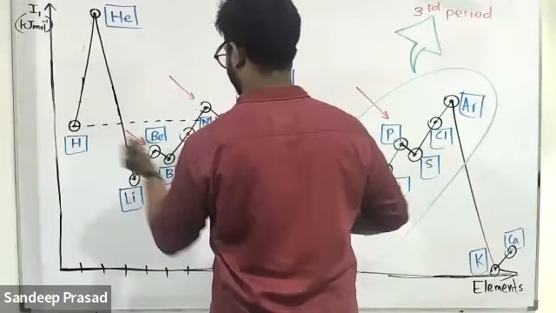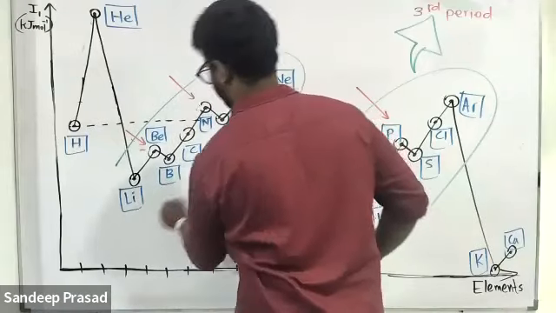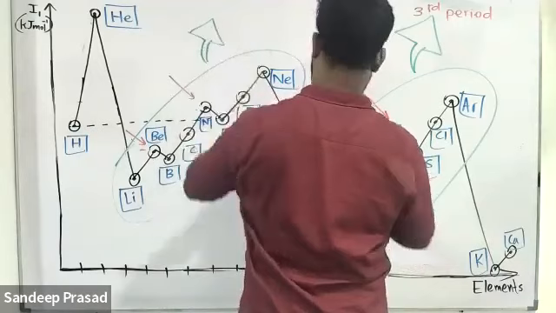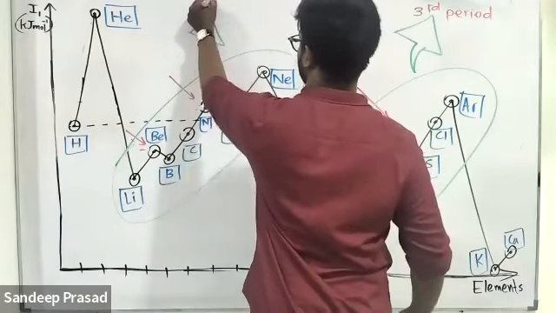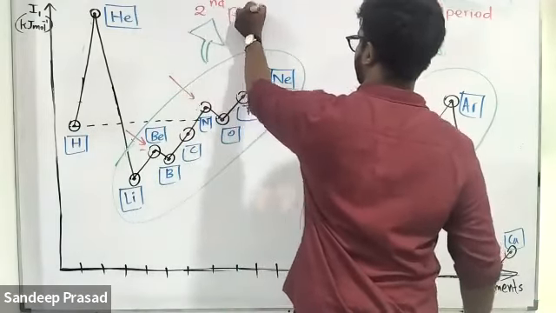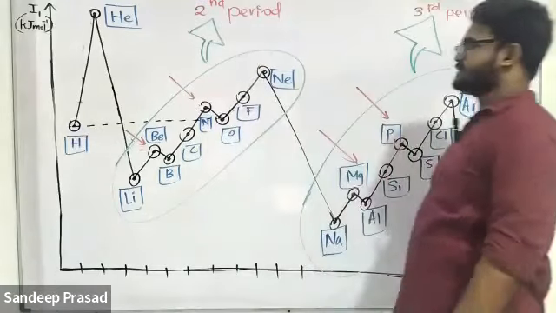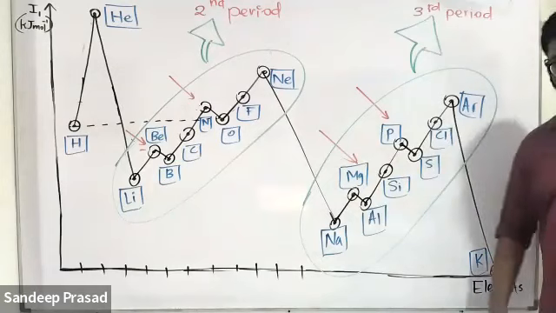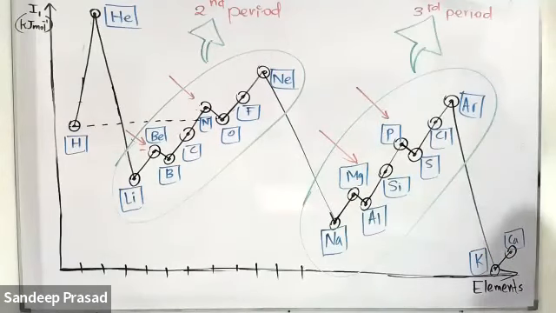This is second period. And among these elements, which one is the highest one? Always helium. Always helium has the highest first ionization energy.